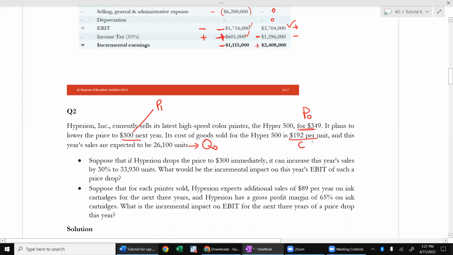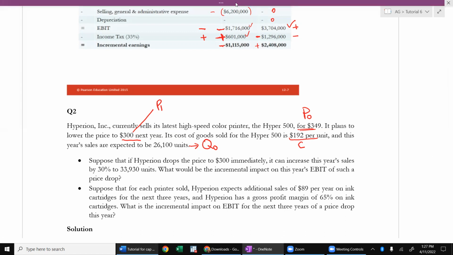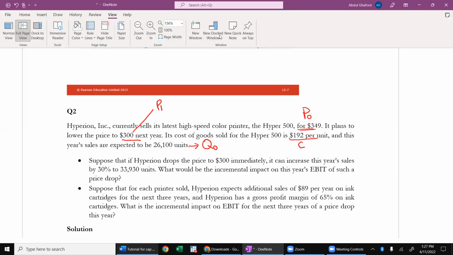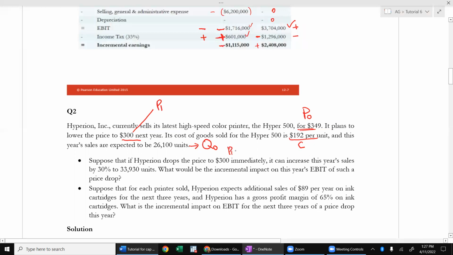May I ask you why? I'm writing P0, P1, Q0, and if Hyperion drops the price to 300, meaning P1, it can increase the year's sales by 30% to 33,930. So when companies give a discount or decrease the price, of course, the quantity will increase. So this is Q1, meaning at year 1.